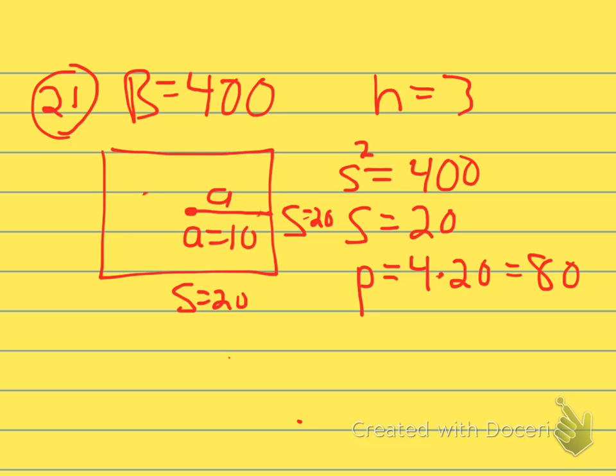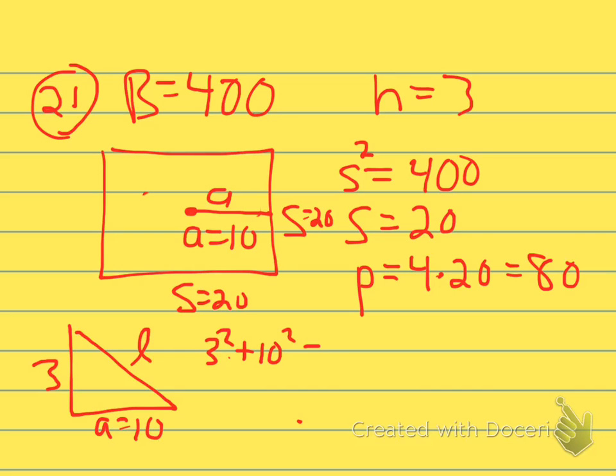So the thing that we want to do here is remember that the apothem, which we just found out to be 10, the height, which we know is 3, and the slant height are related by the Pythagorean theorem. So we have 3 squared plus 10 squared equals L squared. That's going to give us L as the square root of 109.